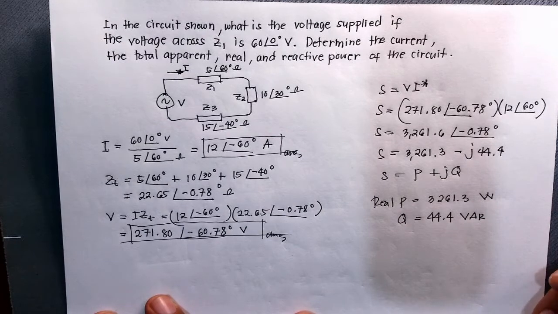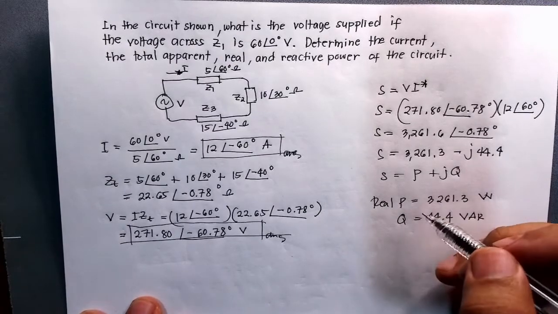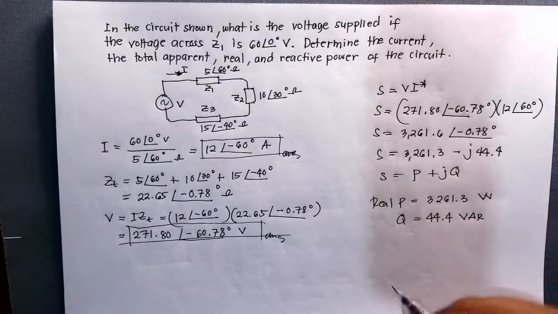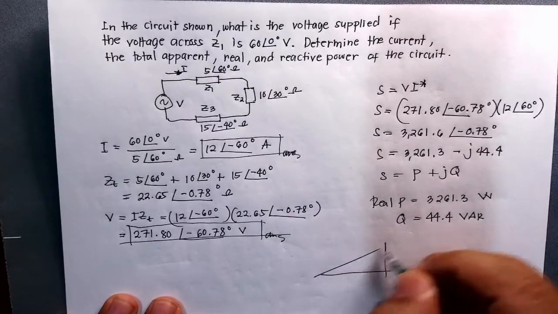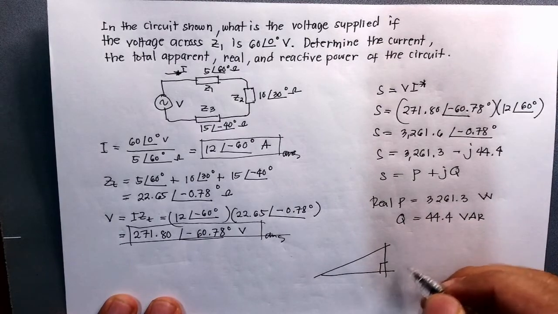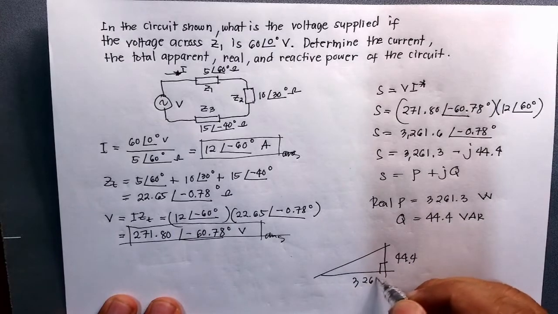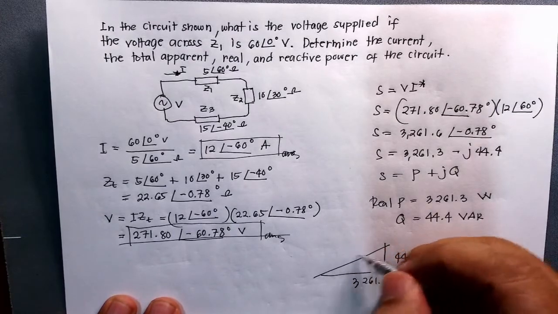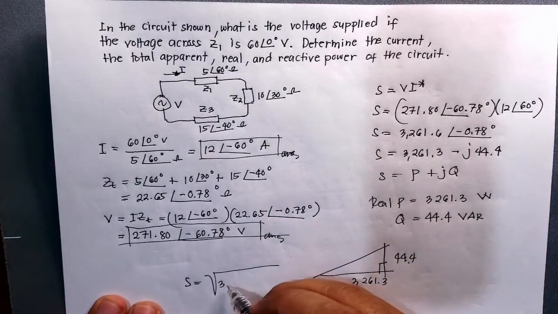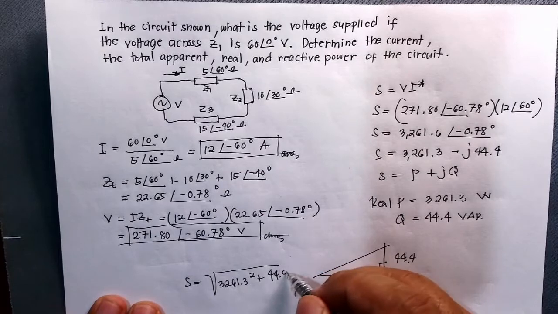And for the apparent power, we can use again this one. This is 44.4, and this one is 3261.3. To be able to get this, you have the square root of 3261.3 squared plus 44.4 squared.